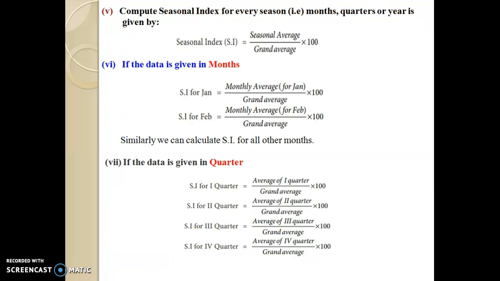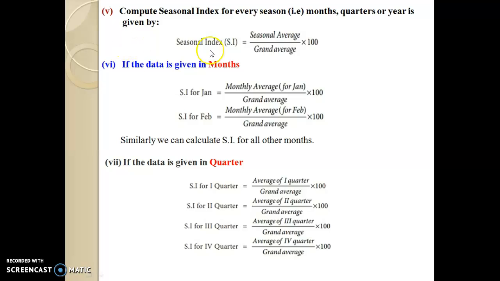In the next step, compute the seasonal index for every season, whether the data is given monthly, quarterly or yearly. To calculate the seasonal indices, the formula is SI, seasonal index, equals seasonal average divided by grand average, multiplied by 100.